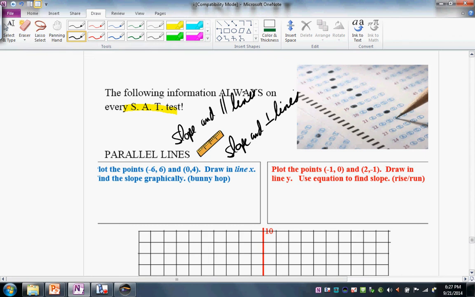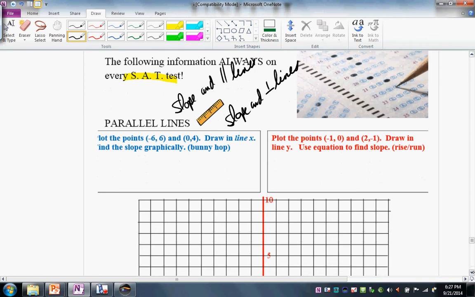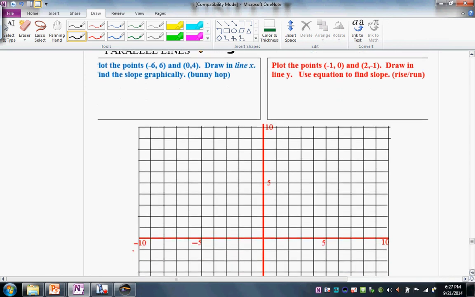In over a decade, I've asked students to watch out for this, both on the PSAT and the SAT. And without fail, every single time, these concepts have come up on the SAT test and the PSAT, so watch for it. I'm going to give you an example. We're going to talk about slope and parallel lines first.